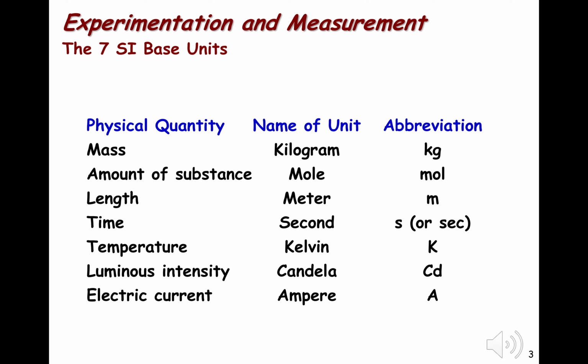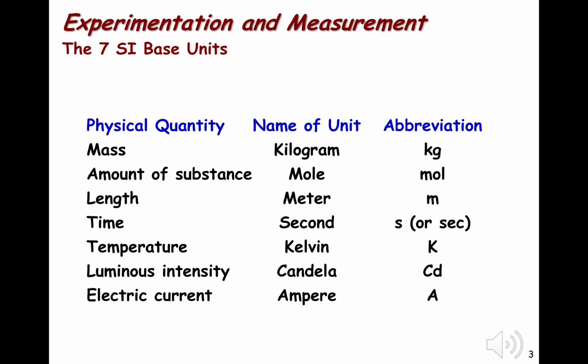Shown here are the 7 base units in the metric system. You need to know the physical quantity associated with these measurements and the corresponding name, and then in particular the abbreviation associated with that particular unit. In this particular case, paying close attention to whether the unit is uppercase versus lowercase.